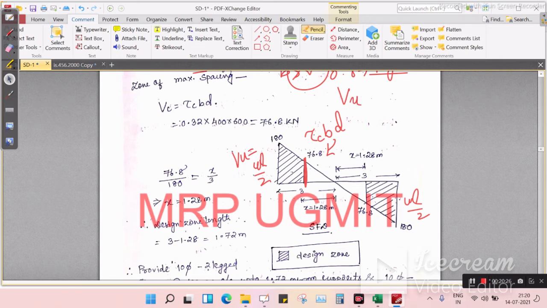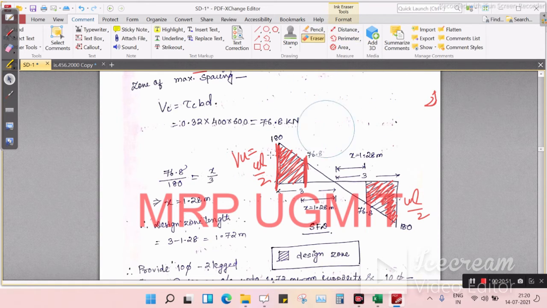You remember, I think Vus is equal to Vu minus tau cv d. For this zone, we have to calculate our zone of maximum spacing. So this is our Vu. This is our tau cv d. So this zone we have to design for. This is the zone for maximum spacing.